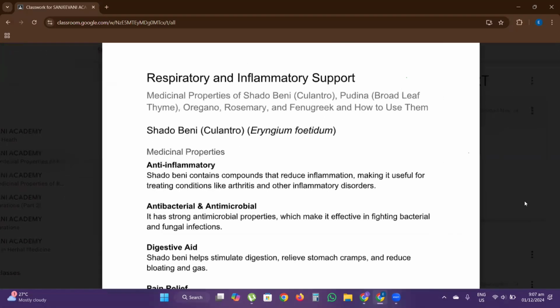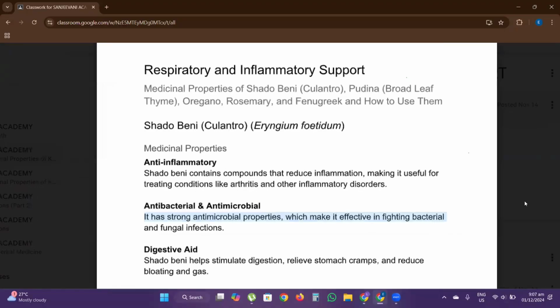So the first herb that we're going to look at is something that we know. It's something that grows like a weed everywhere. It's a staple in our cooking, in our green seasoning, in our chows. We literally put this in everything.